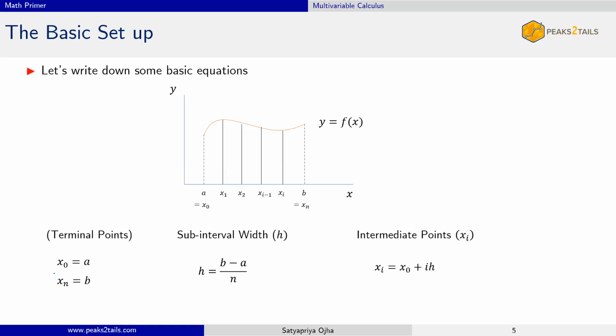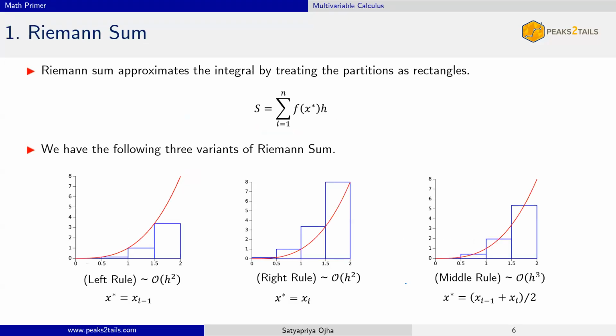So these are some of the equations that we developed. x0 equal to A, xn is equal to B. There are n steps in total, and every subinterval has a width of (B minus A) by n. Any point you can express as x0 plus ih. The first and foremost important idea is a Riemann sum.